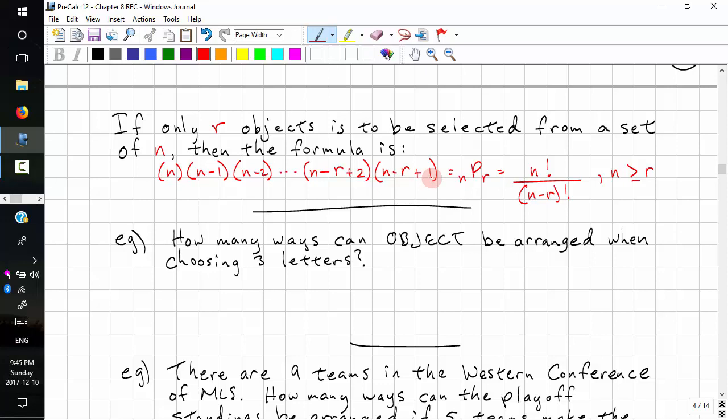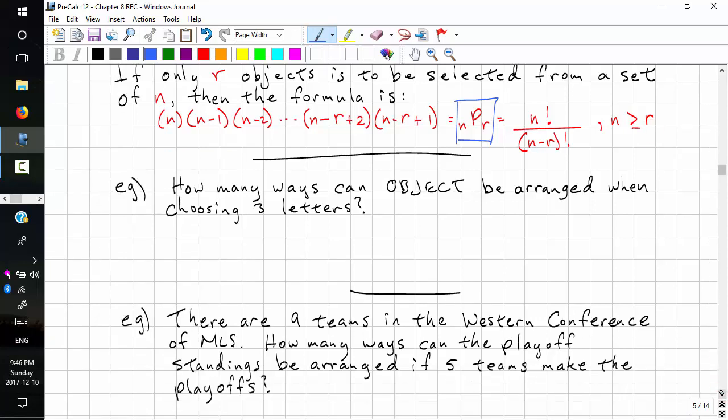And this is very cumbersome, so the way we say that is n permute r. And this is n factorial over n minus r factorial. n must be greater than or equal to r. If r is larger, it's undefined. It's an error.